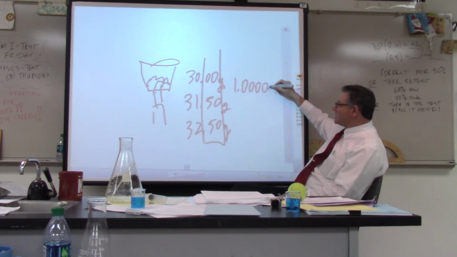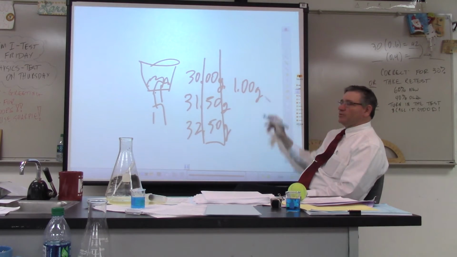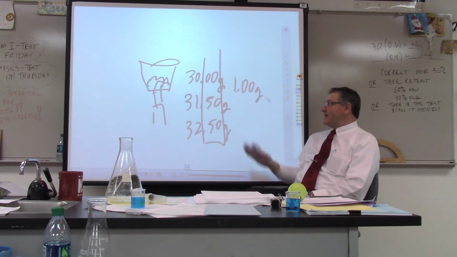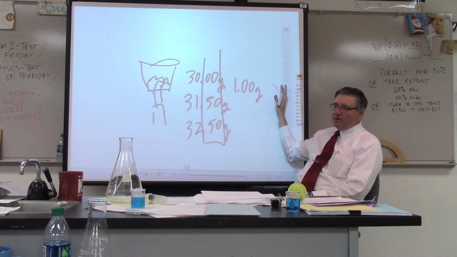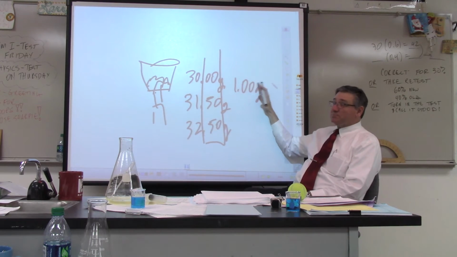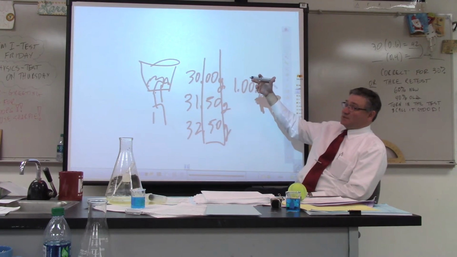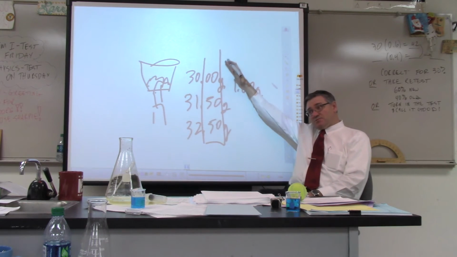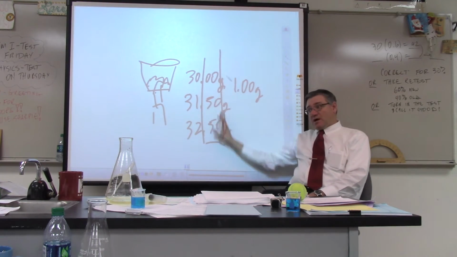So if you're subtracting, you can only write this as 1.00 grams. I can't put 1.000 because then it looks like I used a completely different scale. Now, when I multiply, I could have 3 or 4 significant digits. But when I'm just doing this subtraction, this is what I've got.